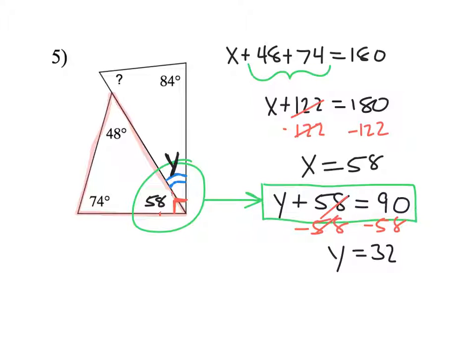All right, so I'm going to do a little erasing here. You don't need that anymore. I'll get rid of this. Okay, we now know that this is a 32-degree angle. All right, we're almost there. So now we can go ahead and take a look at this triangle here.